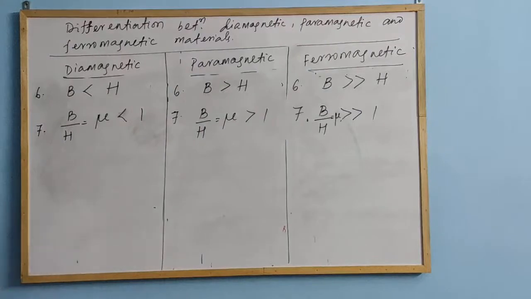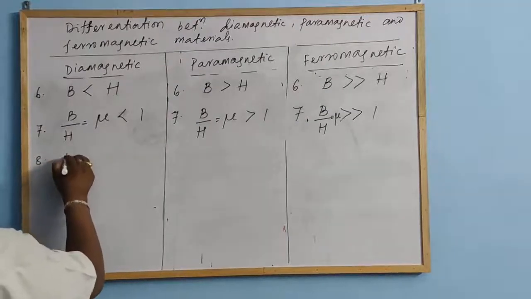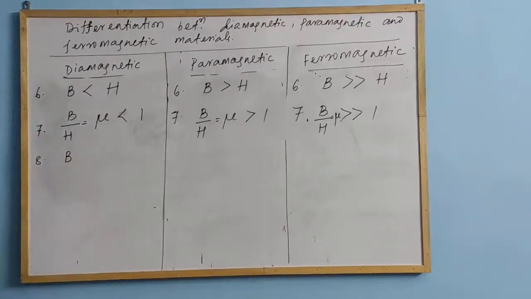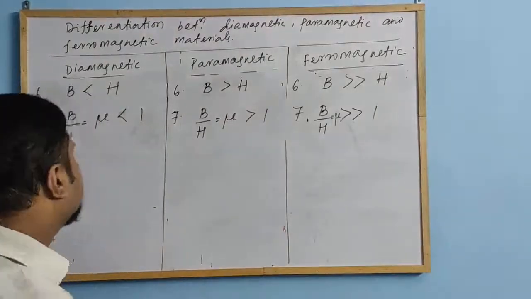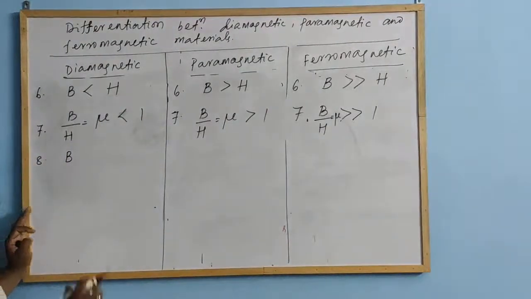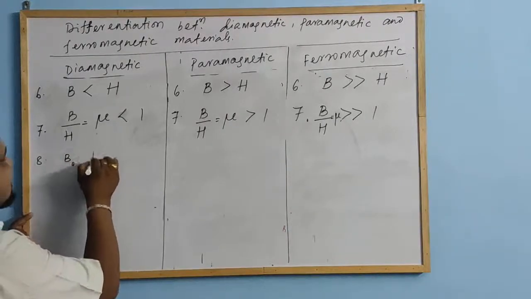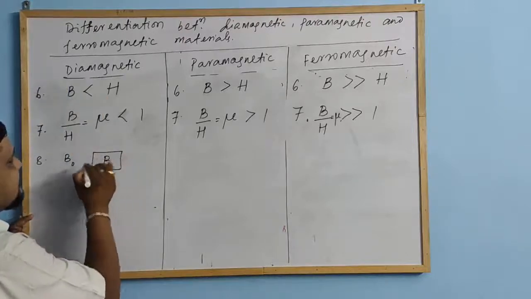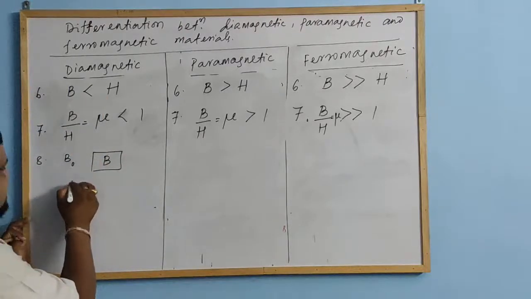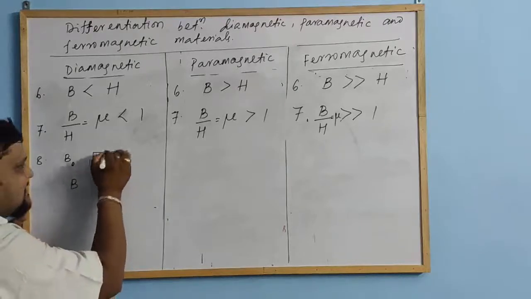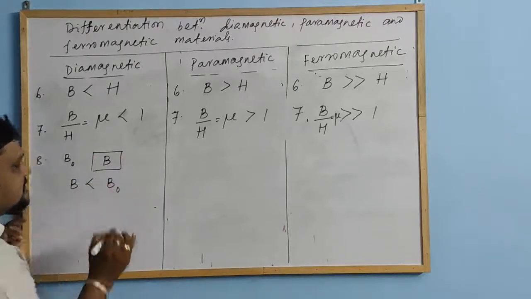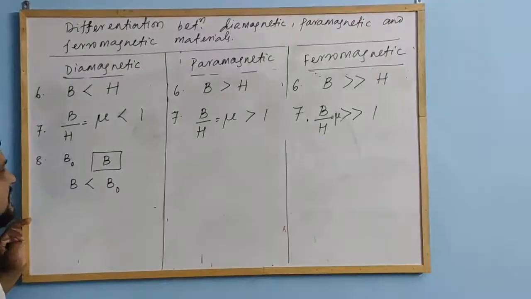Then come to the 8th one, the magnetic flux density. The magnetic flux density inside a diamagnetic material is less than in the air medium. Means let the external magnetic field be B naught, and inside the diamagnetic material, the flux density is B. So what it says, this B, the flux density in this region, is less than the magnetic flux density in air.